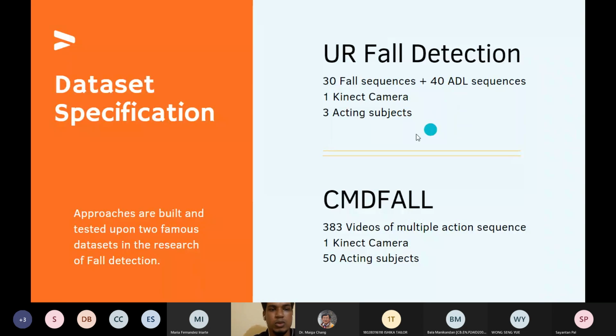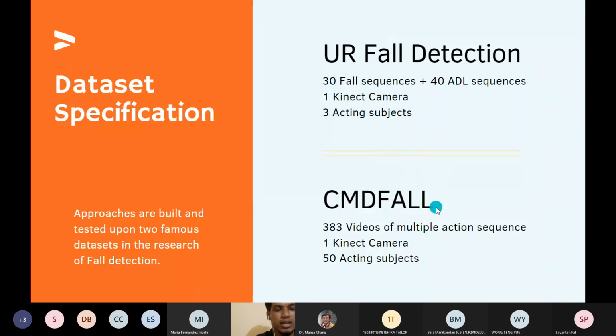They used one Kinect camera, and there were three subjects across all 70 videos, with different subjects in different videos. In both datasets, only one person is available throughout the video. First we are looking at classifying videos which consist of one subject.